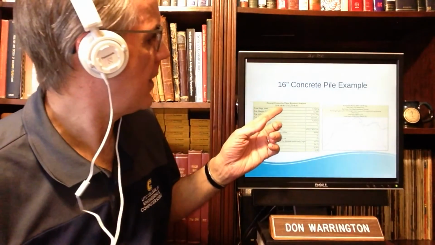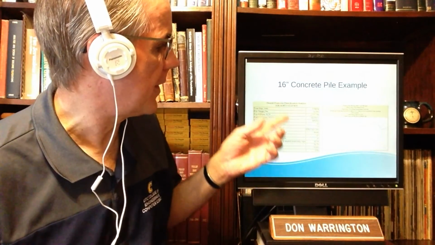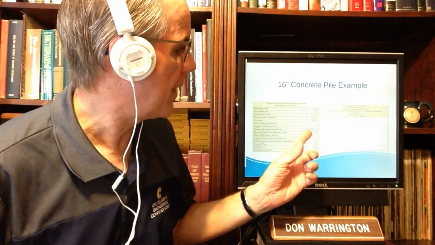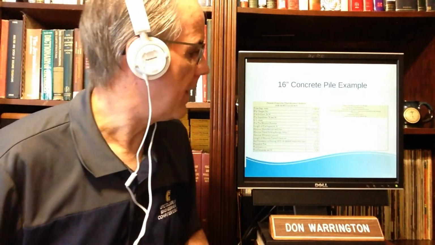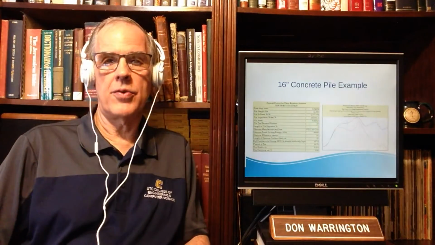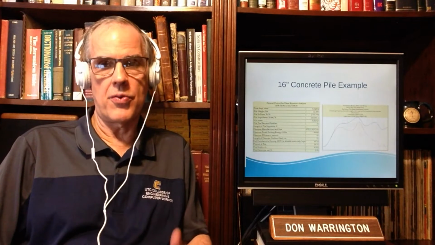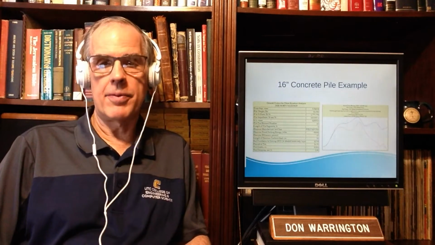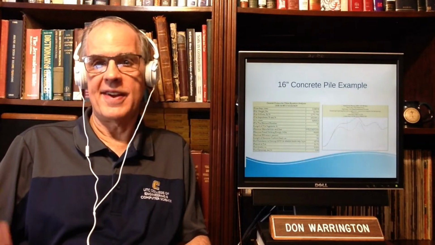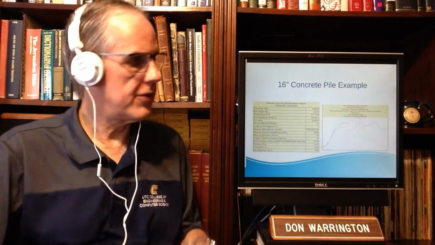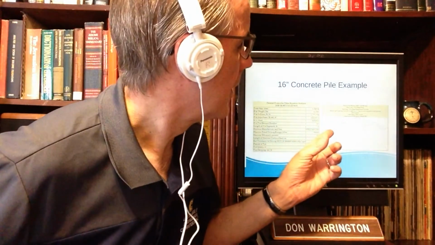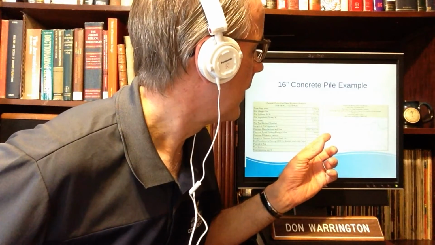This is the general output for the wave equation analysis, along with a hammer, Vulcan 030, that it recommends to use to drive. The reason why it recommends that, and I'll show you why in just a minute, it probably recommended a smaller one. I had to upsize it. This is the force time output.